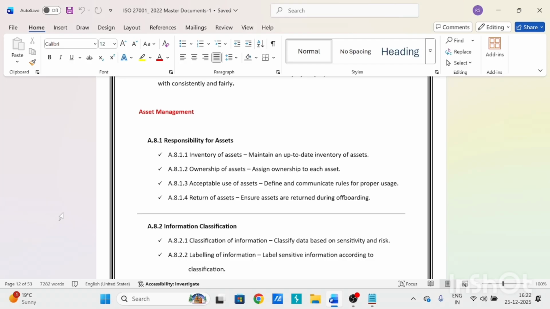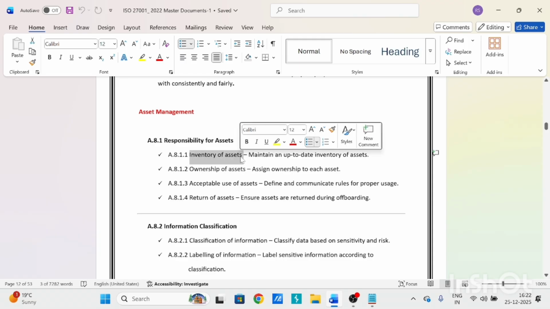A.8.1 describes the responsibility for assets, where an inventory of assets needs to be prepared, meaning maintaining a complete, up-to-date inventory of the assets. Ownership of assets means who is taking care of and owning that particular asset. Acceptable usage of assets means defining and communicating rules for proper usage.